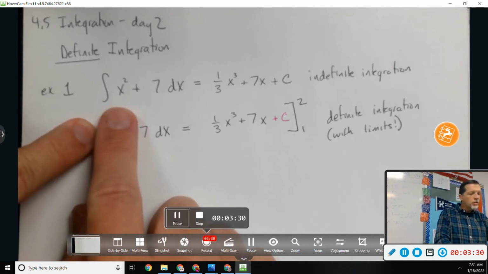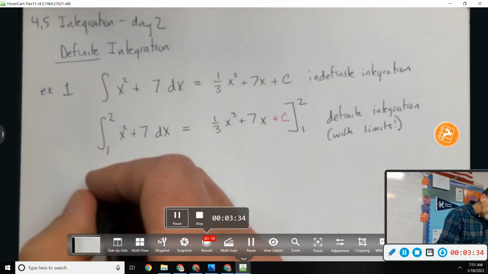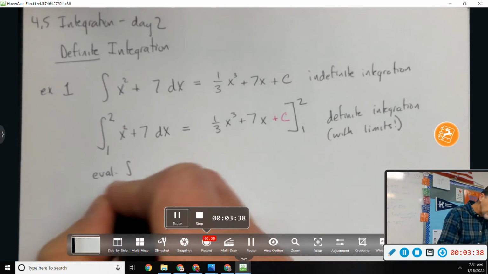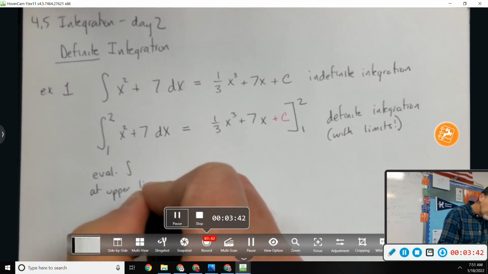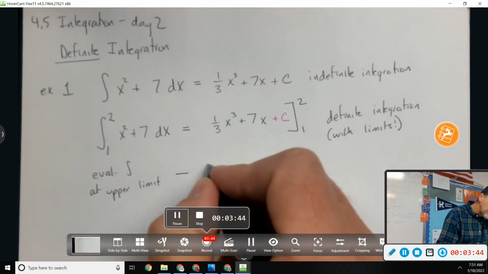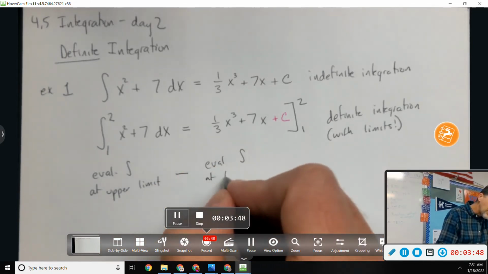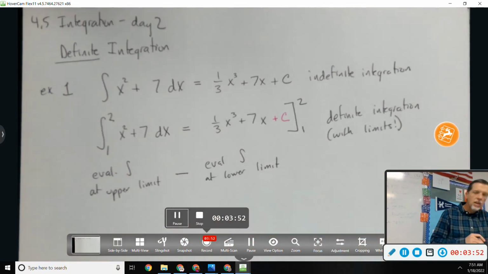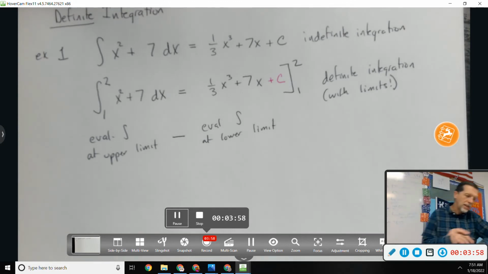But I haven't used the 1 and the 2, so I put them at the end, and we're going to evaluate the antiderivative at the upper limit minus evaluate the antiderivative at the lower limit. Plug in the top minus plug in the bottom. Maybe that's an even easier way to say that.